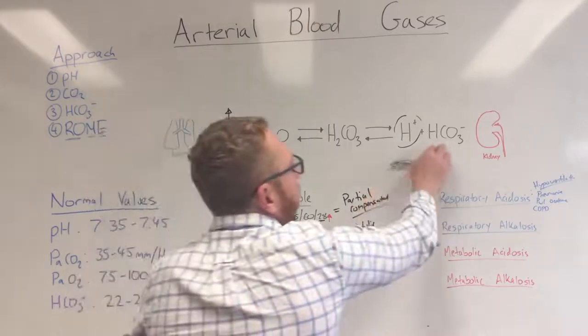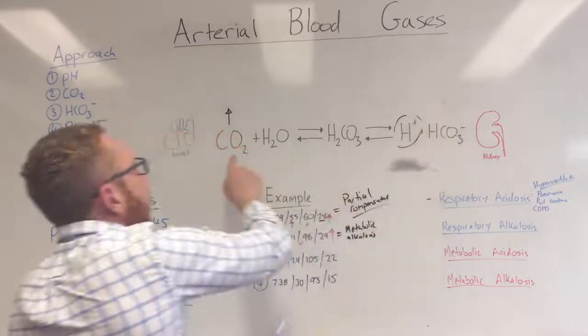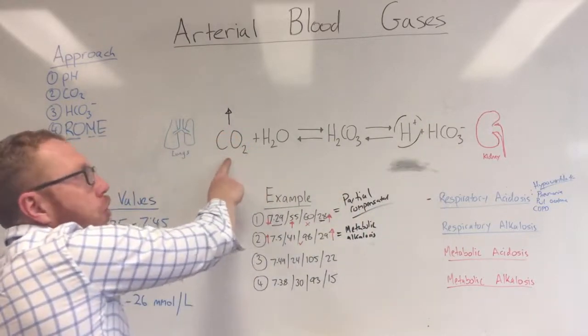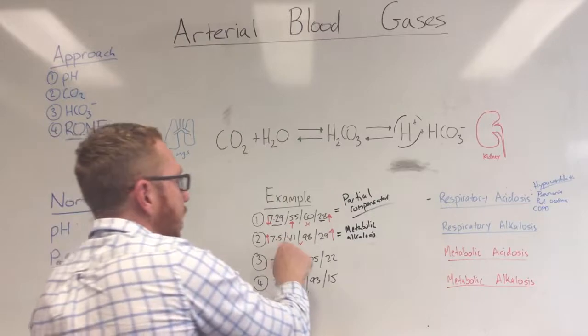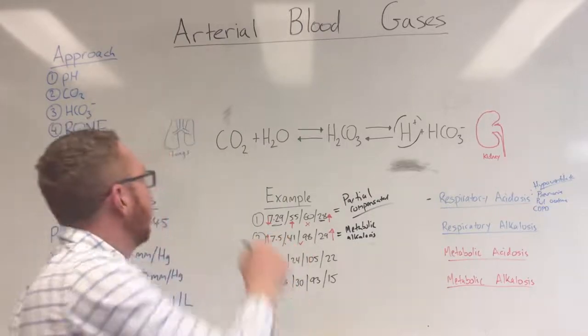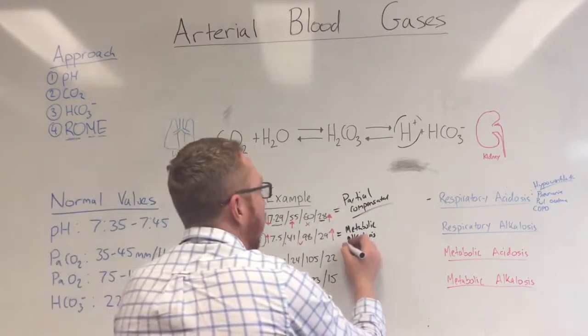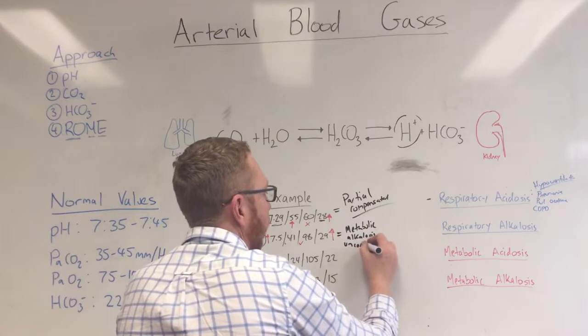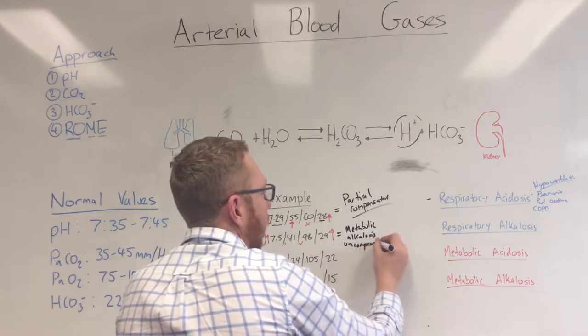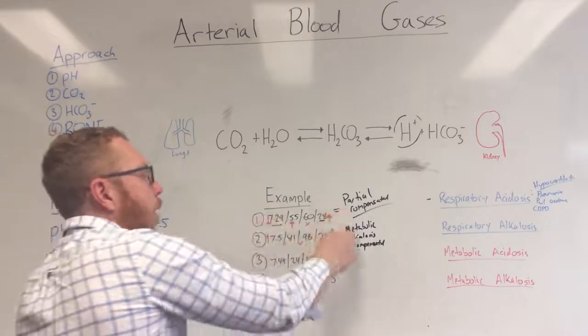What should happen if that is excessive? You would expect to see the carbon dioxide trying to compensate, but it's still in the 41 range, which means it is not compensating. So the lungs aren't compensating for this alkalosis, so it is uncompensated. Okay, so this would be an uncompensated metabolic alkalosis.